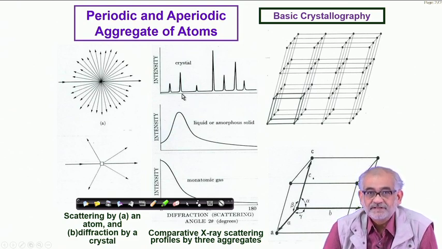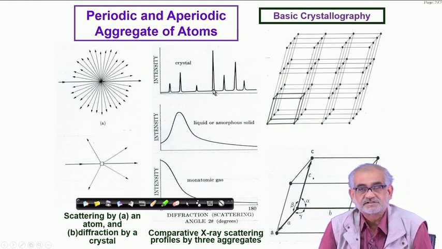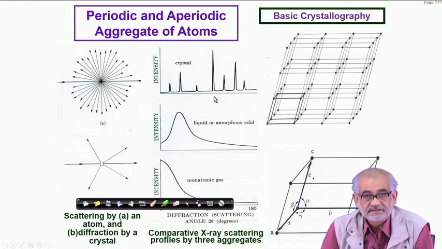So accordingly, only at very specific angles of incidence you see very large peaks, which means that coherent diffraction or constructive interference is taking place only at these angles of incidence, which is typical of the crystalline materials.